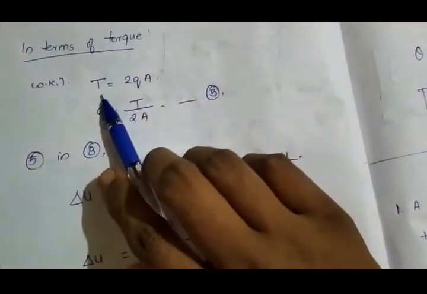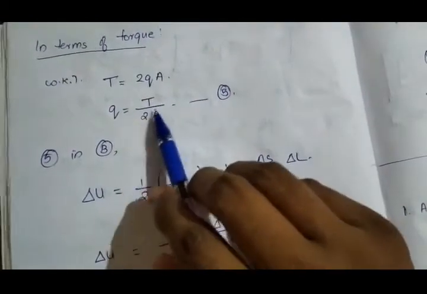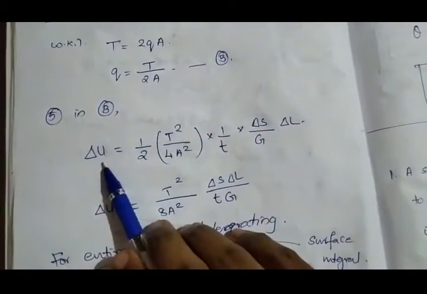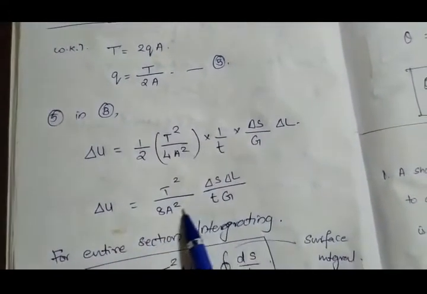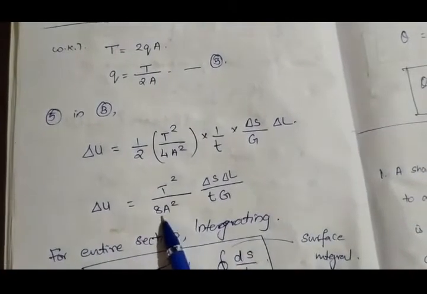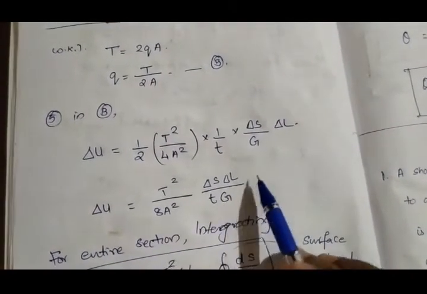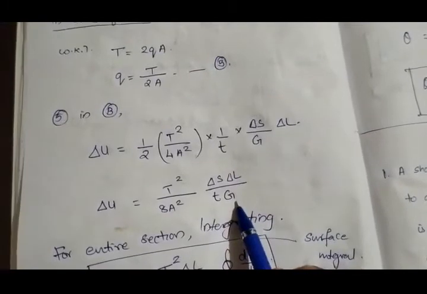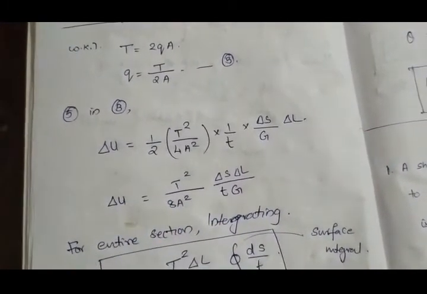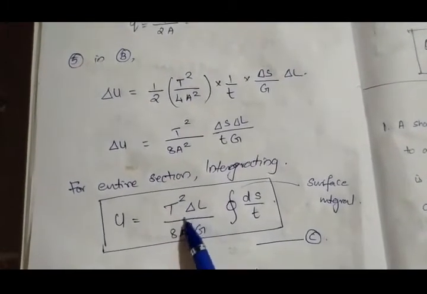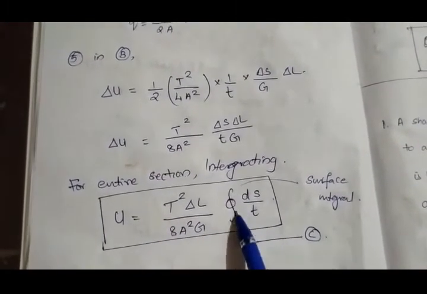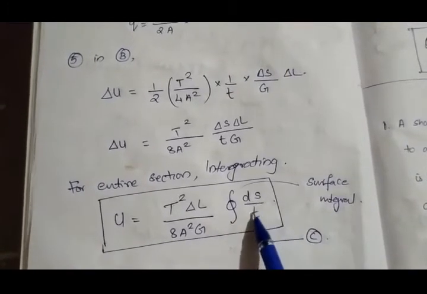Now if you need strain energy in terms of torque, what will you do? T is 2q into A, and q is T by 2A. So in the equation for delta U, you put this value for q. Then, expanding it, delta U will be T squared by 8A squared, delta s delta L by t G. If you want the entire section's strain energy, you integrate it, and it becomes T squared delta L by 8A squared G, the integral of ds by t.